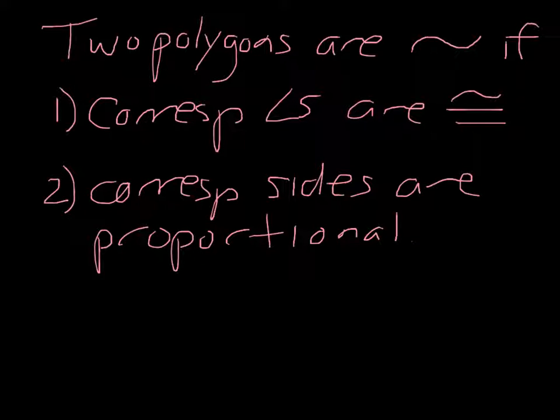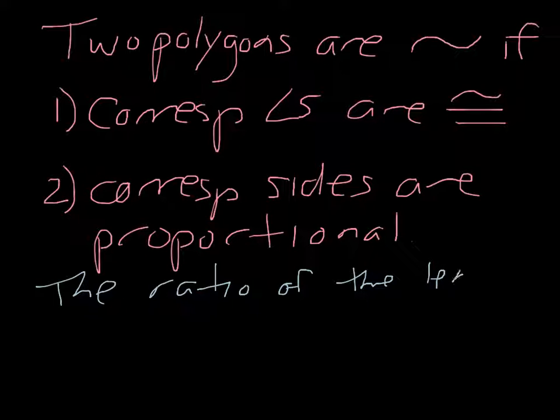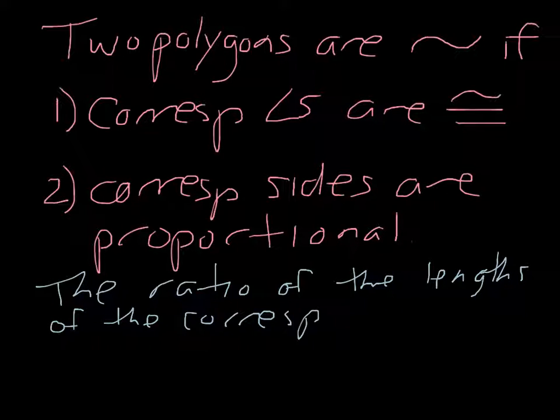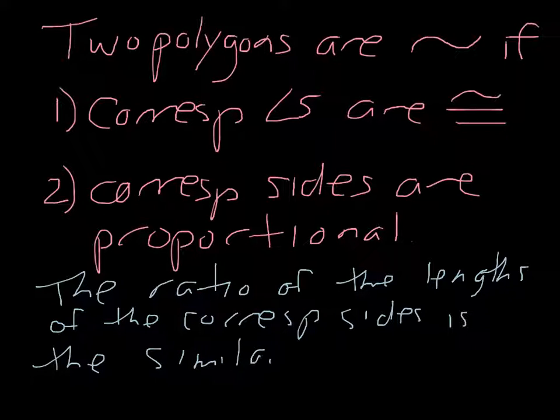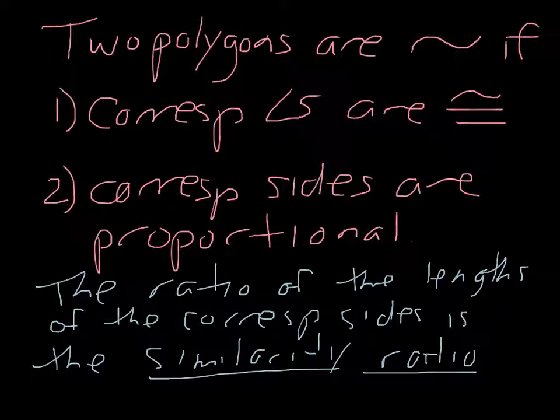The one thing you should know is the ratio of the lengths of the corresponding sides is the similarity ratio. And that word similarity ratio will come up quite often.